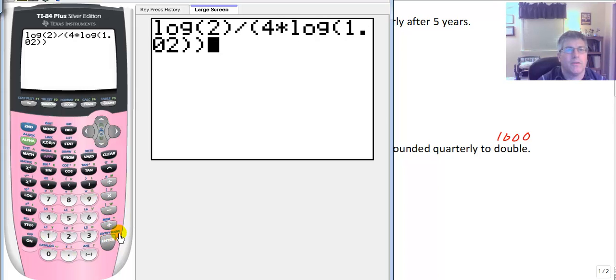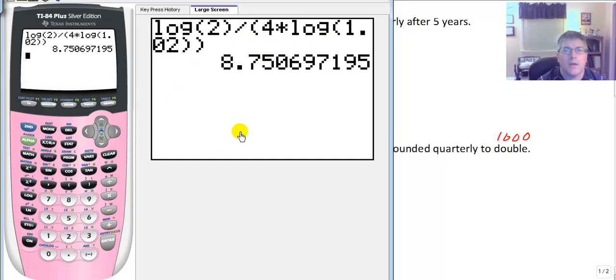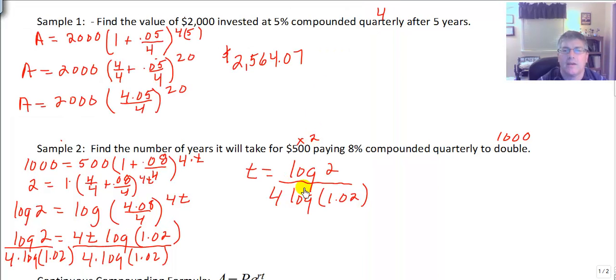Close my parentheses, double close there because I had 2 to open. Right? So 2 to close. And I get 8.75. So it's going to take 8.75 years. 3/4 of a year would be 8 years and 9 months.